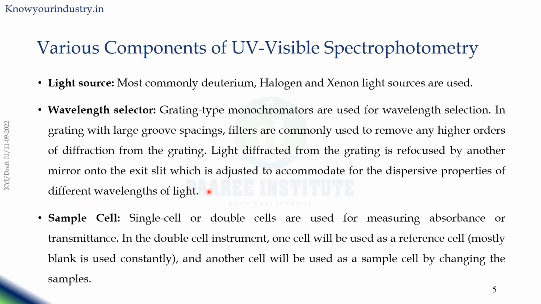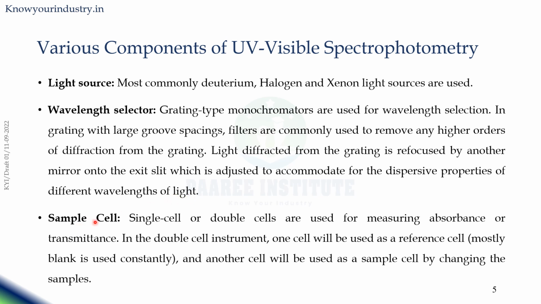So generally, in these monochromators, the light diffracted from the grating will be refocused by another mirror, and then adjusted to accommodate for the dispersive properties of different wavelengths of the light. So it is very important to disperse the light into different wavelengths so that the particular wavelength, the maximum wavelength, can be used for the absorption by the drug molecule.